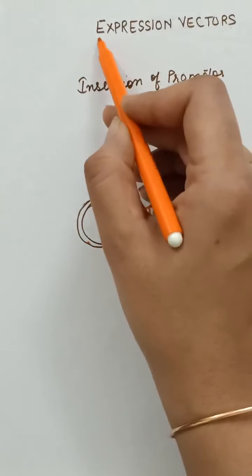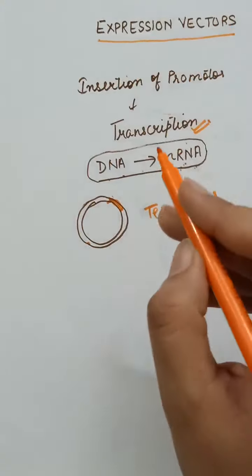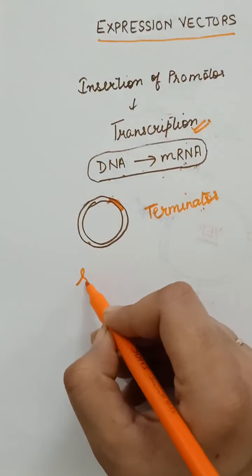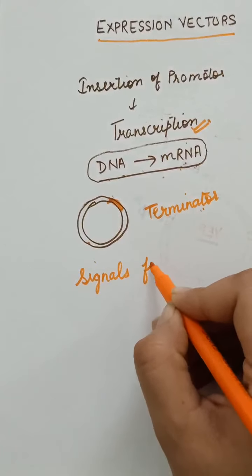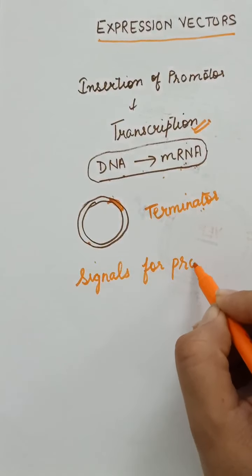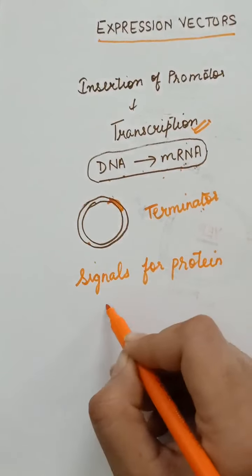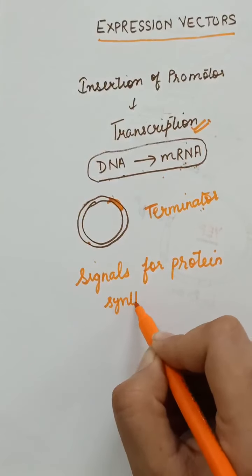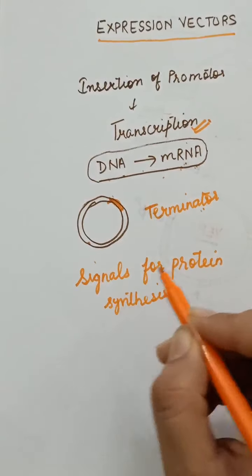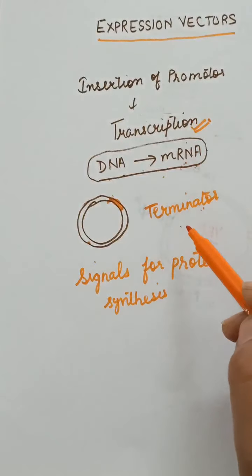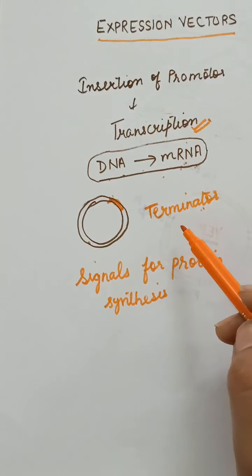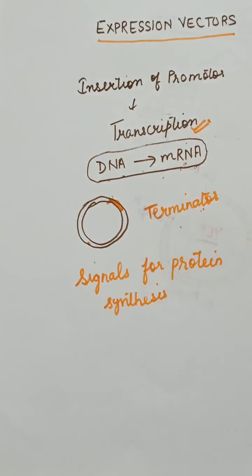The expression vectors are the vectors which contain signals for protein synthesis. And what are these signals? They are the initiator and terminator sequences for transcription, and after that a sequence for translation.